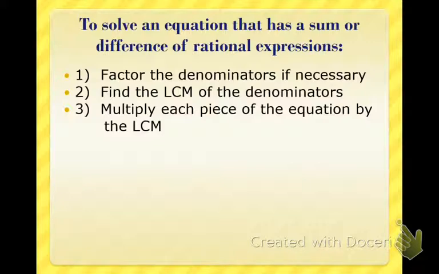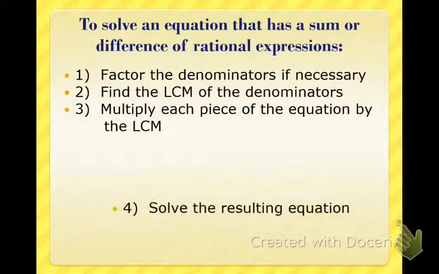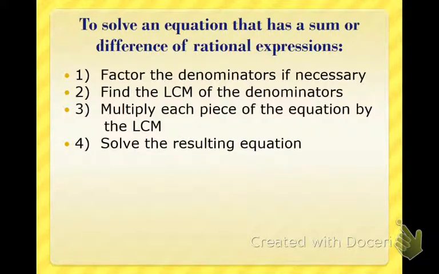So this is different from when we multiplied top and bottom by the same thing. Now we're taking what would be our entire common denominator and multiplying it to all pieces of the equation. Again, this will make more sense, like most things that we do, when we see it in an example. Then we'll solve the resulting equation, which honestly should not be too bad.